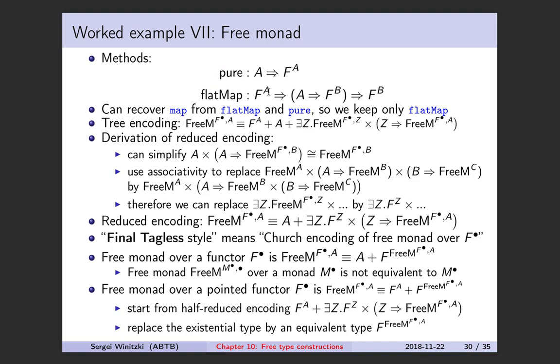the same power as pure and flatMap because you cannot restore map from flatten. So you would have to have map here as a third method if you wanted to do a free monad over an arbitrary type constructor that is not itself already a functor.